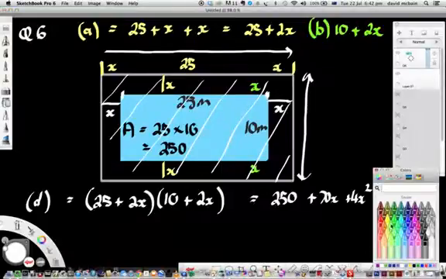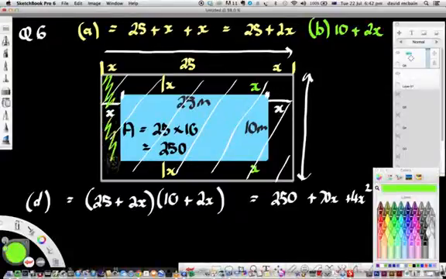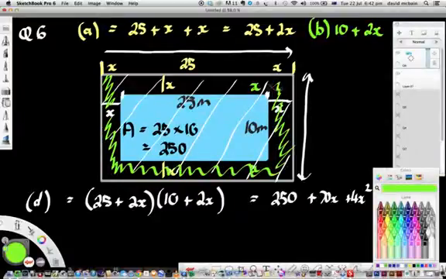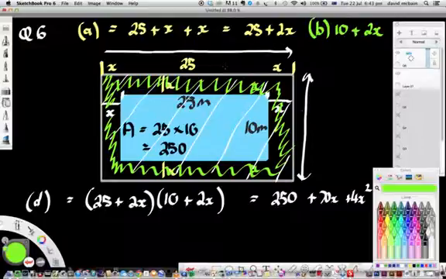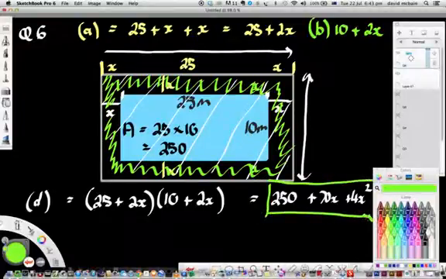Finally, we have to work out an expression for the area of just the path, which is this region in here. Now that's going to be the area of the pool plus the path, this big area, take away the area of the pool. So it's going to be the big area, which is this, take away the area of the pool, which is 250.